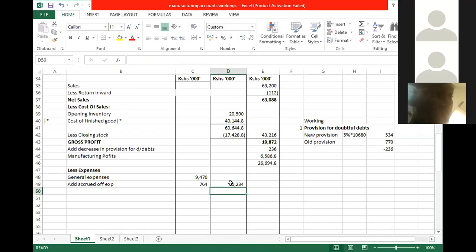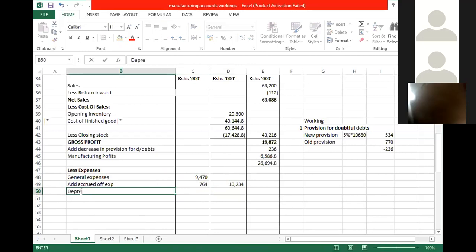Do we have any depreciation? Delivery van. There's somebody who was talking about delivery vans. These were vans that were used to deliver finished goods to where we were selling them. What was the amount of delivery vans? What is the depreciation?